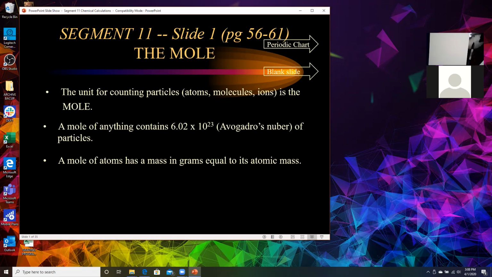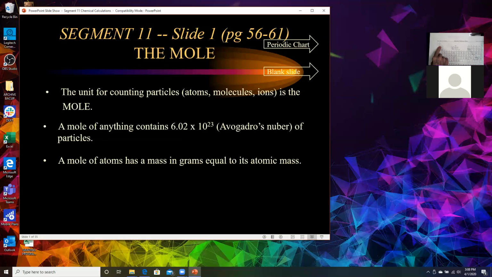We count them because this particular value of Avogadro's number, 6.02 times 10 to the 23rd, is a number such that that many particles will have a mass equal to the atomic weight of the element. So when you look at your periodic chart, say we're looking for hydrogen, it says 1.01 is the atomic mass of hydrogen.